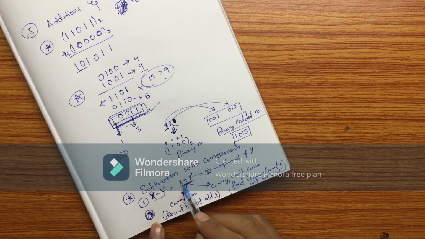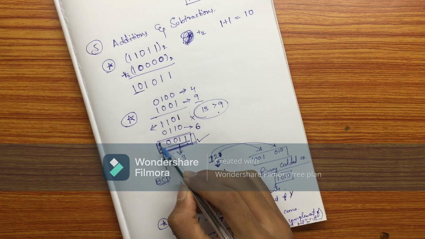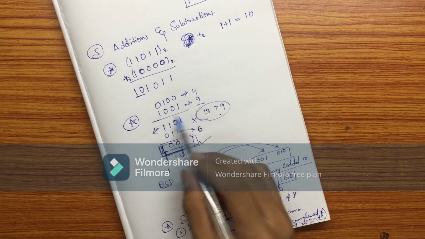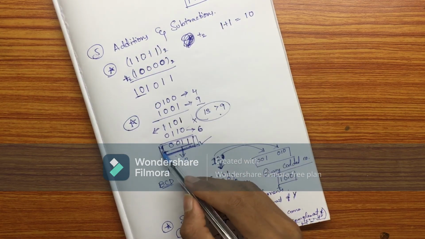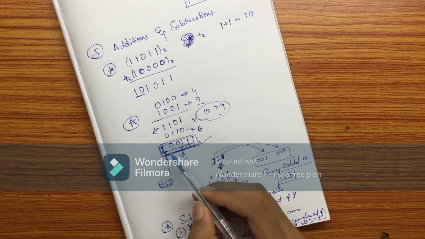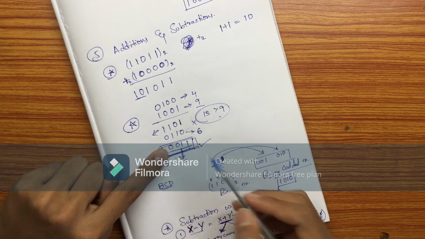Then after adding, if carry comes, you have to discard that carry. That means here, see, we are getting a carry. Suppose you leave this total, you are getting a carry here. So when you get a carry, you will discard it. That means you will not take it into consideration. You will take only this as the answer.